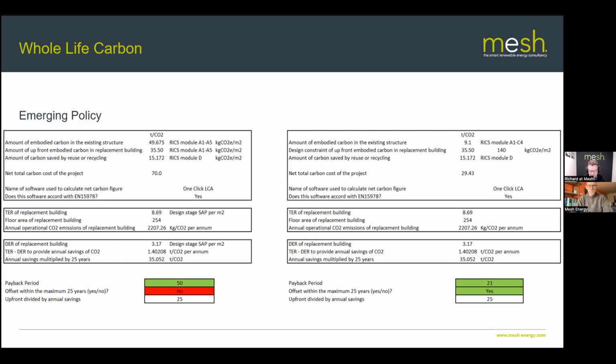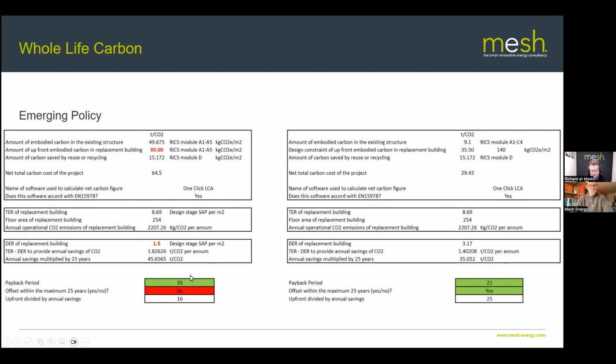But to give you an idea, if we can, through collaborating, start to make some very subtle changes, so if we can get the upfront carbon of the existing building down from, say, 35 to 30 kilos per square meter, if we can improve the U values and the air tightness and reduce the DER by 1.5, then we've also immediately moved, through some quite minor changes really, from a 50-year to a 35-year payback.